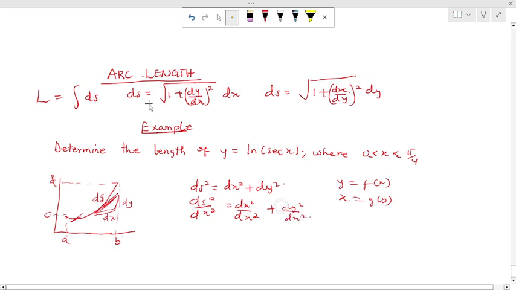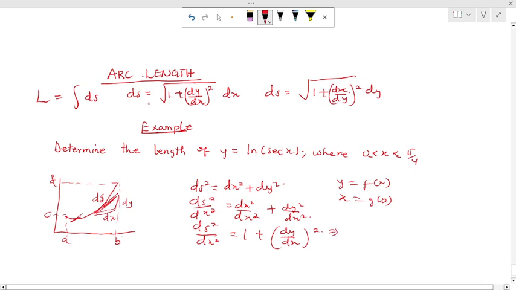Once we have this, if I want to do further simplification, what am I getting? I'm going to get ds squared over dx squared is equal to 1 plus the expression dy squared over dx squared. Since I have squared on the numerator and the denominator, I can combine it and give dy over dx, everything squared. Is that not it? And at this point, I just want to get rid of this square here.